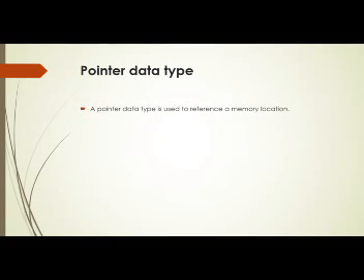The physical address of that variable would be stored in the pointer of that variable. So you can imagine that every variable has its pointer variable as well. And that pointer variable holds the physical address of RAM where the variable is created.